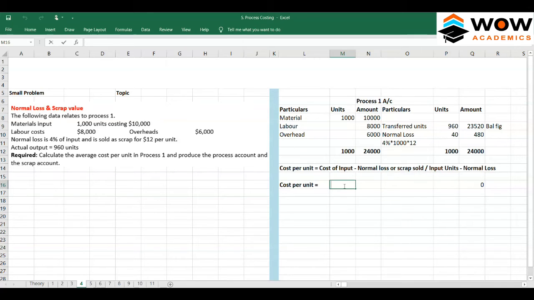It is going to be 24,000 minus the scrap value 480 and units 1000 minus 40. So that comes to 24.5.